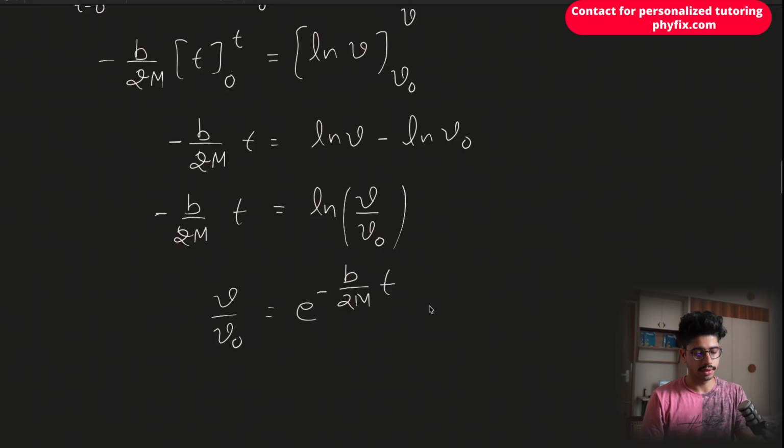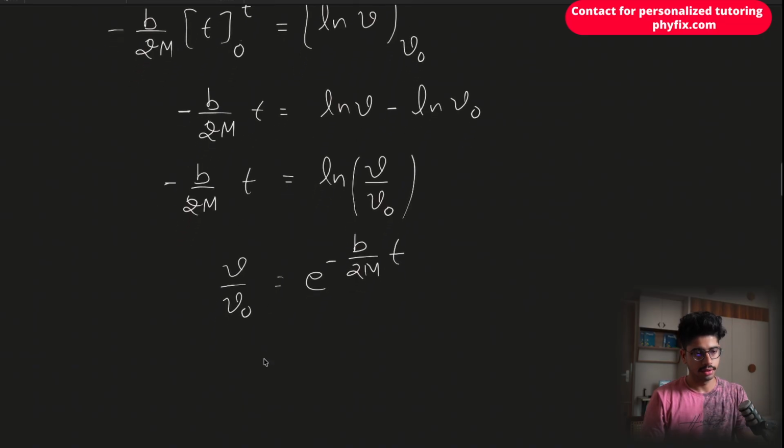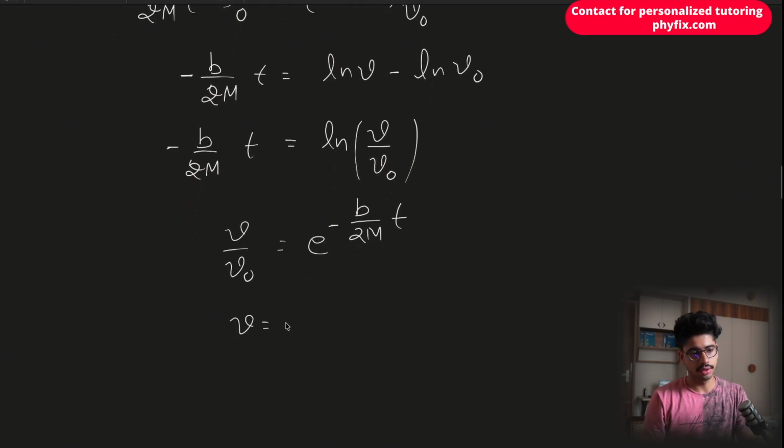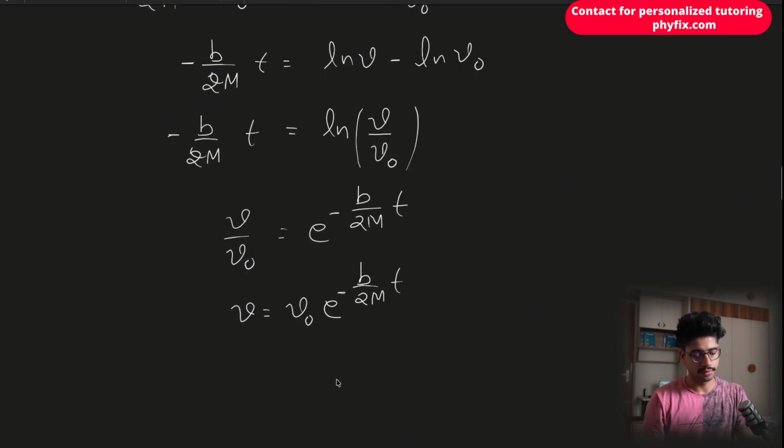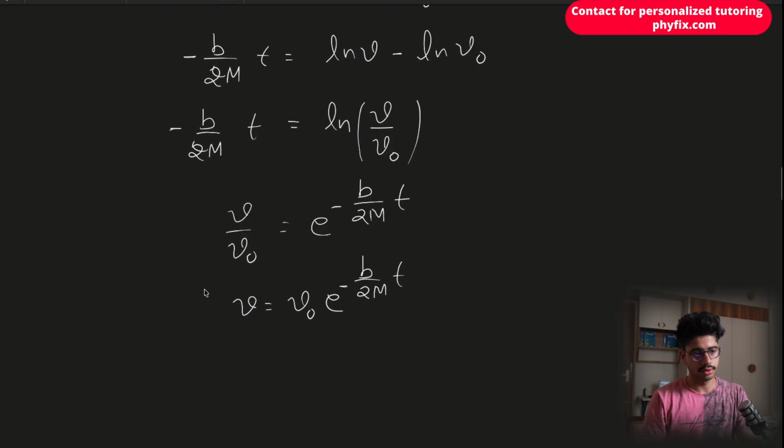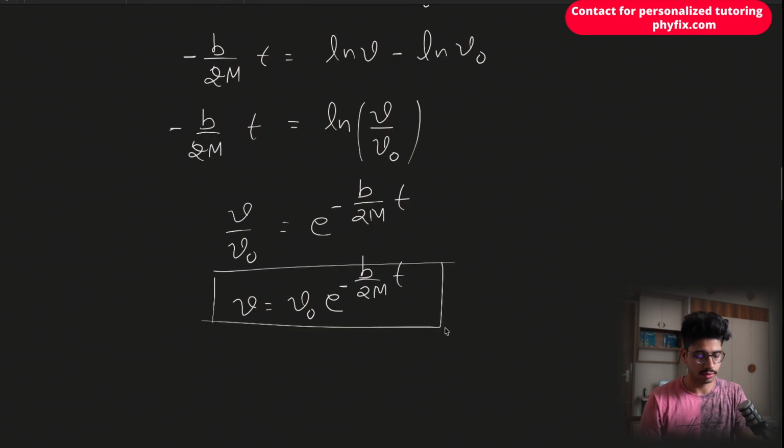Till now, I think that is clear to you. So v is equal to v0 e power minus bt by 2m. This is the velocity expression.